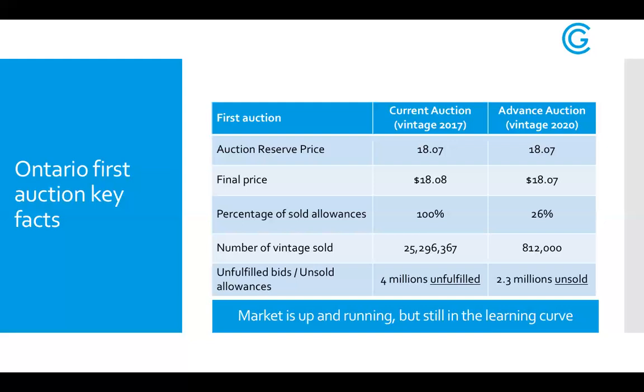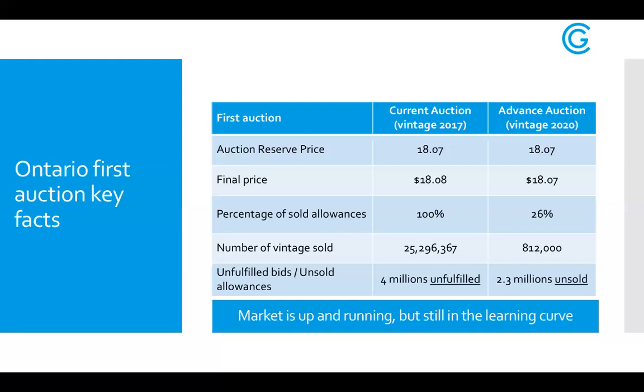Essentially, that mainly says that there is an over demand as compared to the supply for that auction for the vintage 2017. What is also important to consider is that there was also an advance auction, as they call it, placing for sale allowances of vintage 2020.